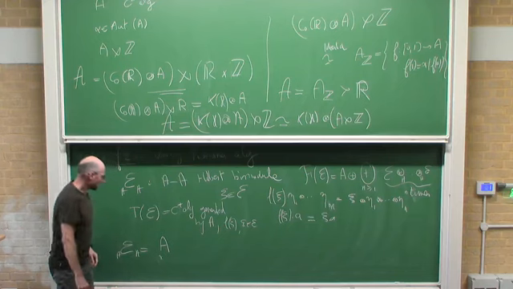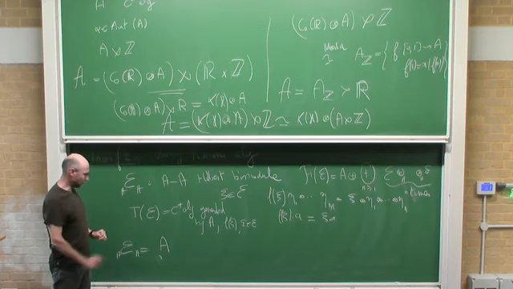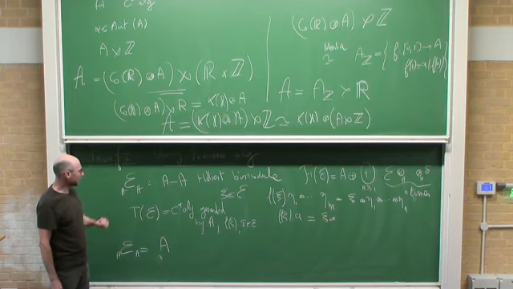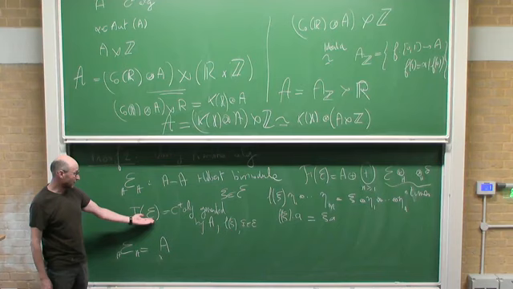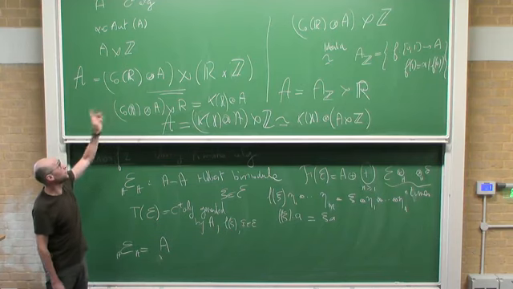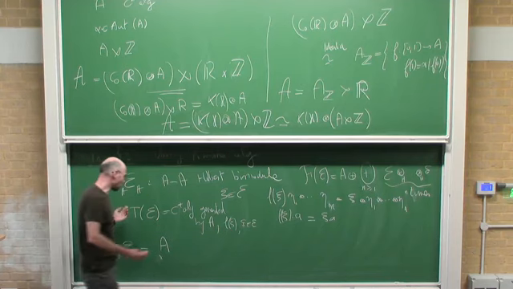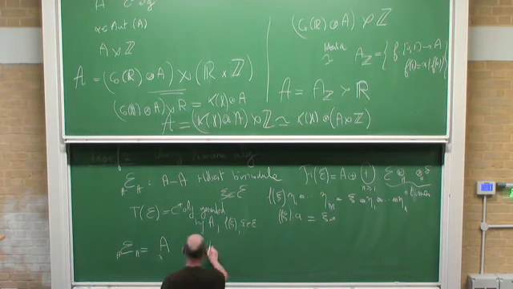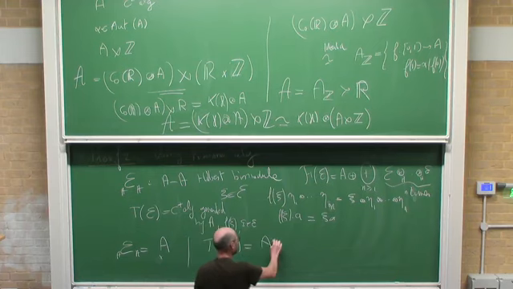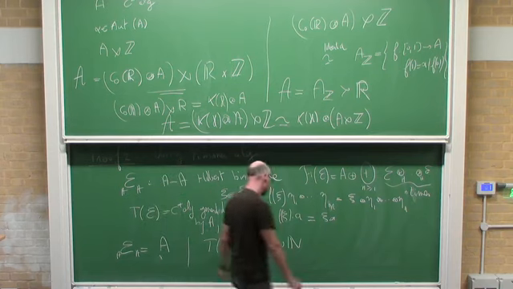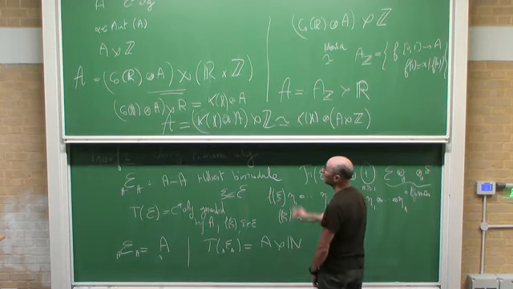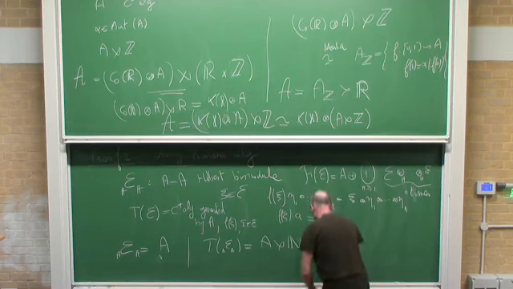If you do that, you will produce an algebra which is not going to be the cross-product by Z. In that situation, it's the Toeplitz algebra, which is what we usually write as the cross-product by N, but one quotient is going to be my cross-product.